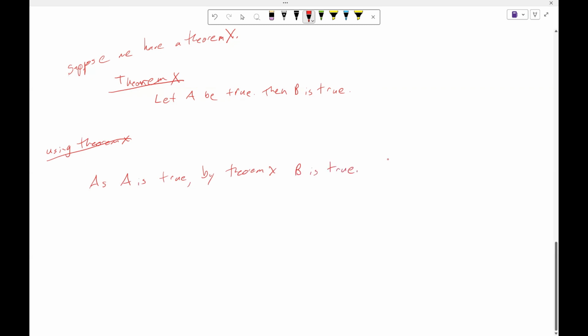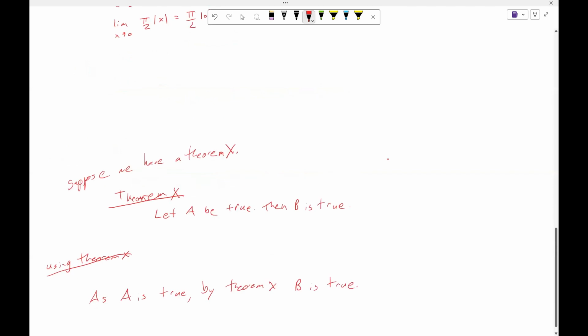And this is the sentence structure we use. So no matter what our theorem is, we would say as the conditions are met by our theorem, we get our result.